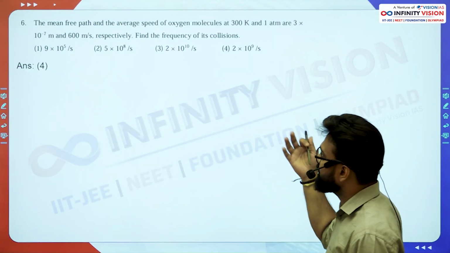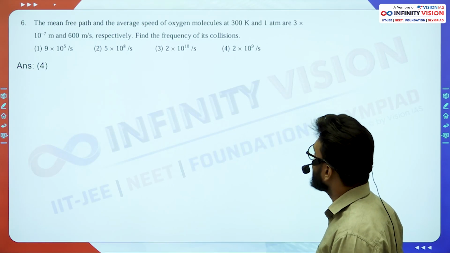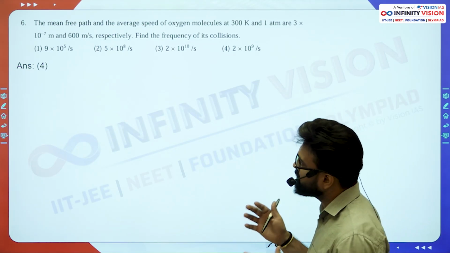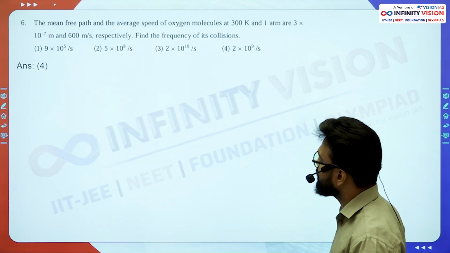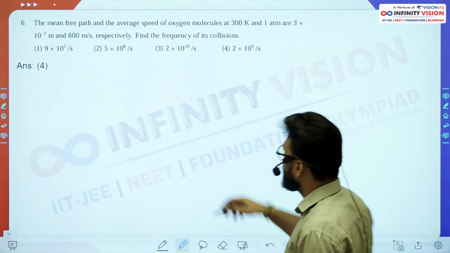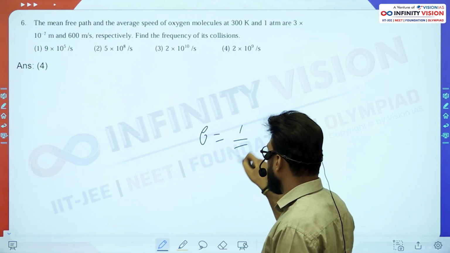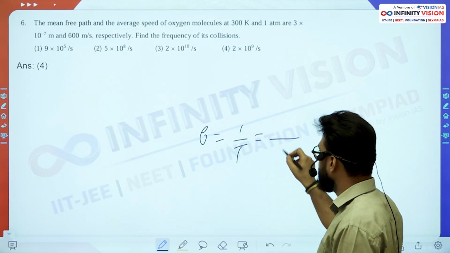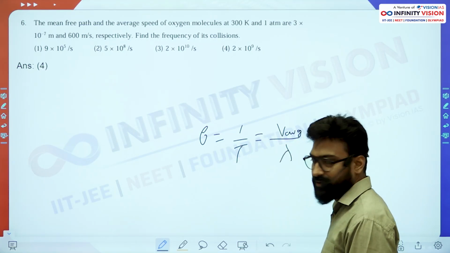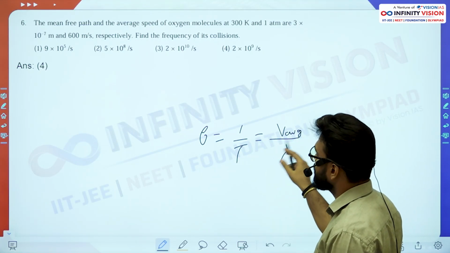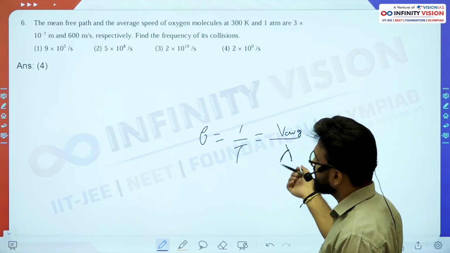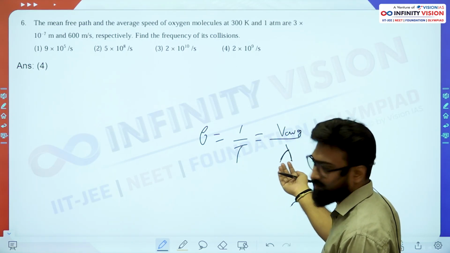Next, the mean free path and the average speed of an oxygen molecule at 300 Kelvin and 1 atm are 3 times 10 to the power minus 7 meter and 600 meter per second respectively. Find the frequency of its oscillation. Frequency is 1 upon the time period of oscillation, and the time period is nothing but lambda by v average, where lambda is the mean free path.